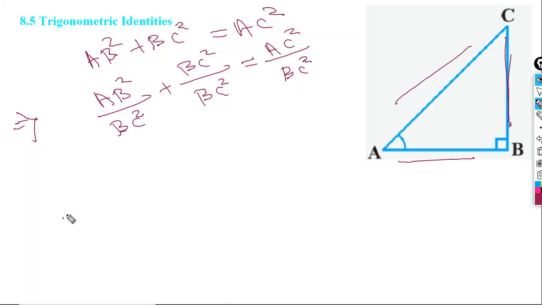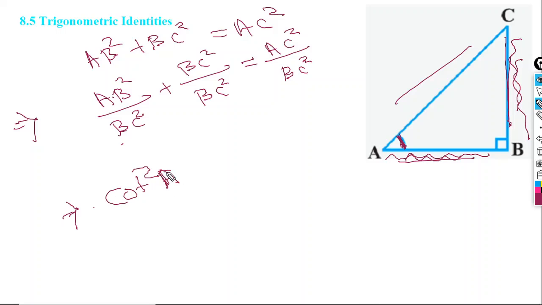Now see, we will move into the figure. AB square by BC square: we will consider angle A. Side adjacent divided by side opposite is your cot A. So we can write cot square A.